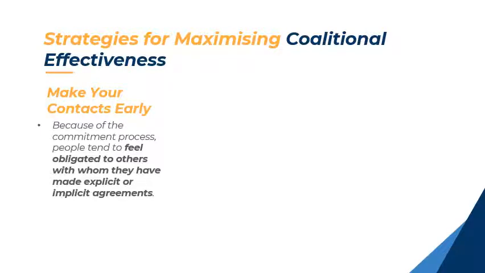Because of the commitment process, people tend to feel obligated to others with whom they have made explicit or implicit agreements. For this reason, it is important to make contact with key parties early in the process of multi-party negotiation before they become committed to others.